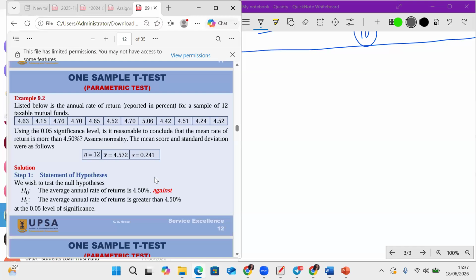Now, someone should read. Quick, quick. Who is reading?